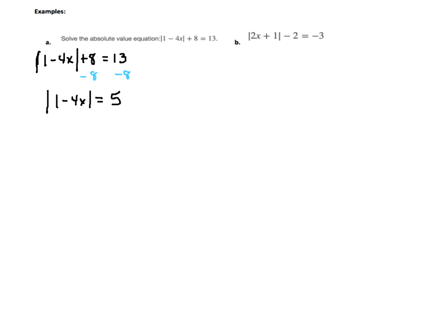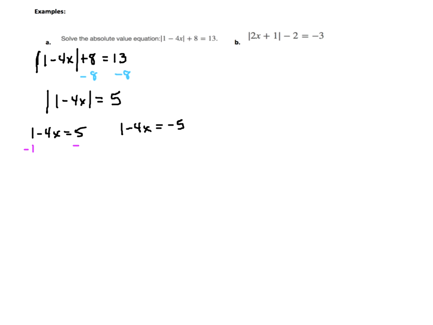This particular equation now says, what value, that's the x, what value can I multiply by -4, add 1 to it, and land a distance of 5 from the origin? That's what that equation says. So I need to set up that distance in the positive direction and the negative direction. So I have 1 minus 4x equals 5, or 1 minus 4x equals -5.